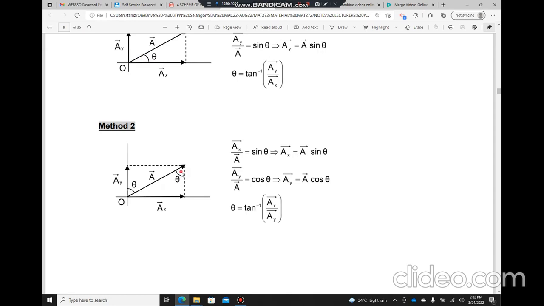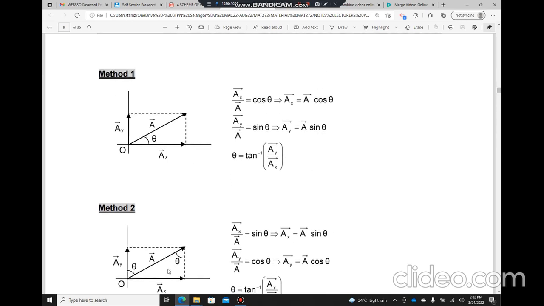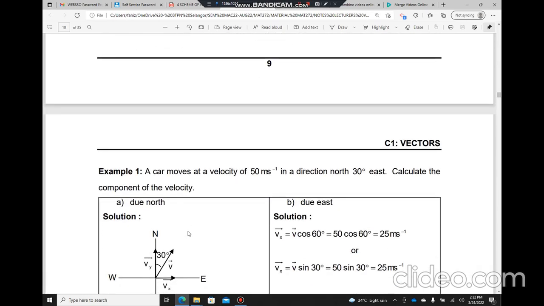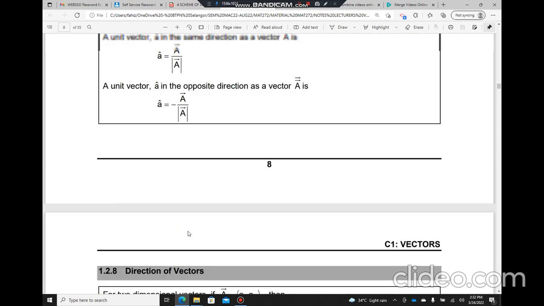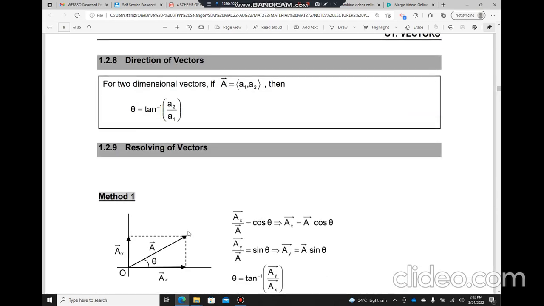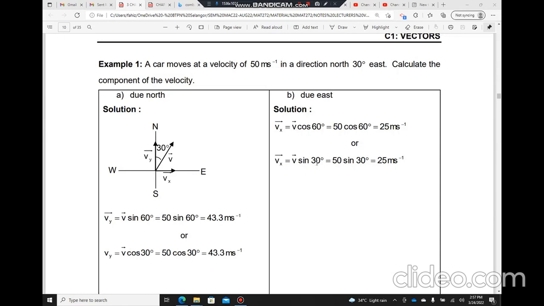Maknanya kalau opposite AX, so dia akan jadi sin, AX over A hypotenuse, so equals to sin theta, and then AY over A equals to cos theta. Dia terbalik je lah daripada sini sebab dia bergantung pada nilai theta, di mana nilai theta berada. Okay, so this one untuk resolving of vector.